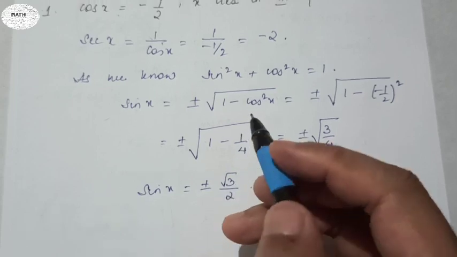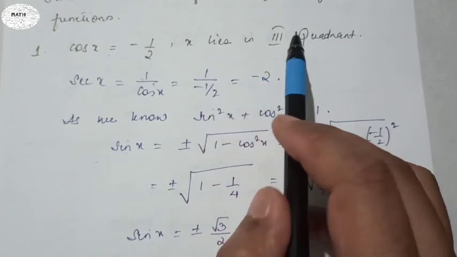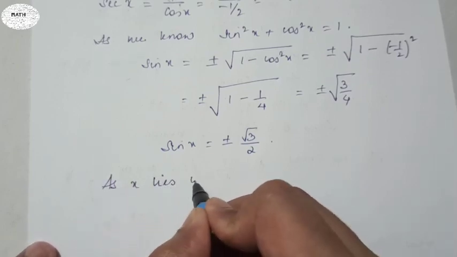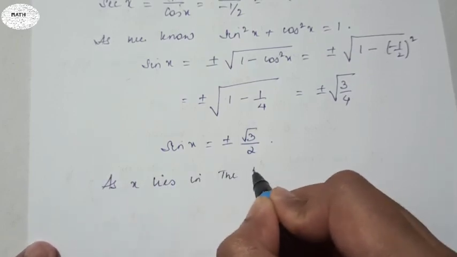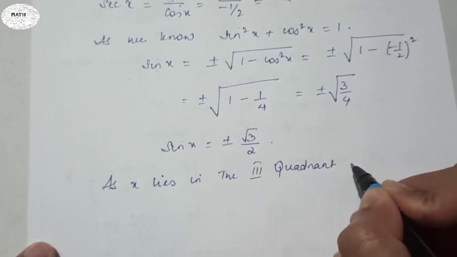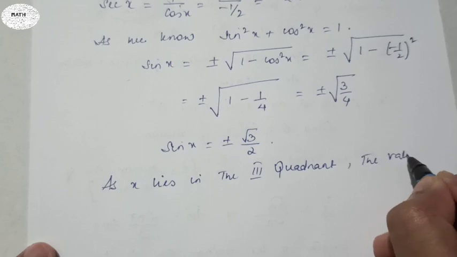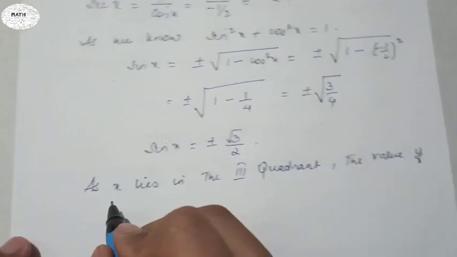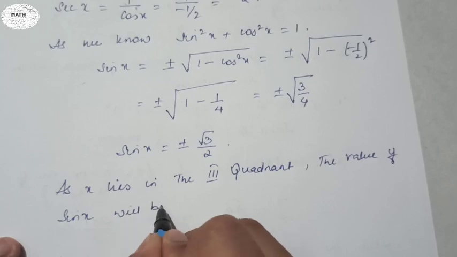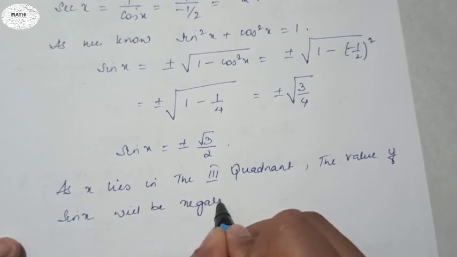But in the question it is given that x lies in the third quadrant. So if x lies in the third quadrant, the value of sin x will obviously be negative. You can see the table.